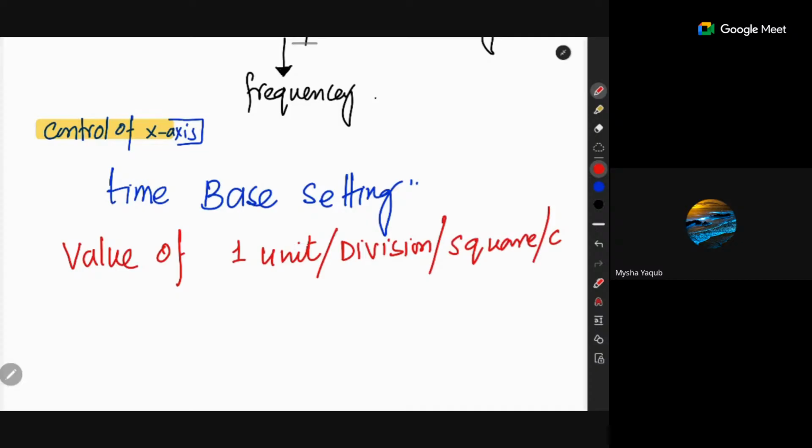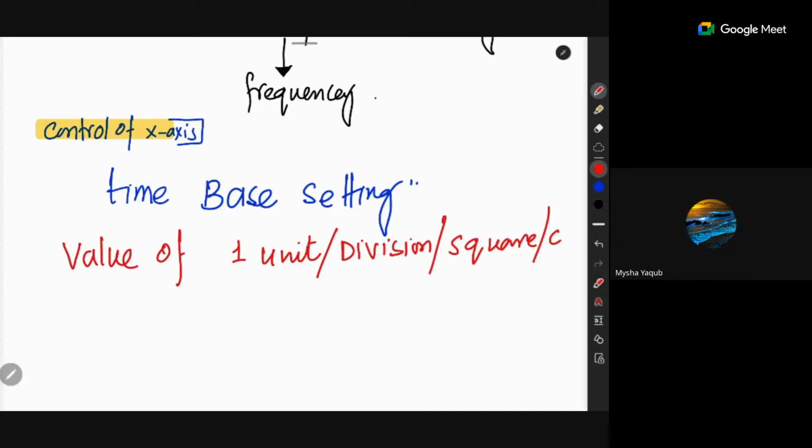So, for example, if time-based setting is given to you, let's say this is the time-based setting. All the times I will not write time-based setting. I will just put equal to and I will make you clear. For example, time-based setting is 0.5 seconds per division.